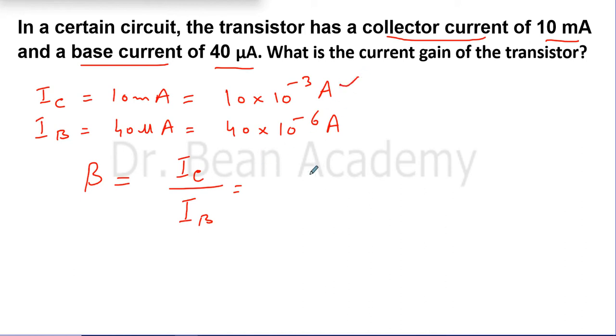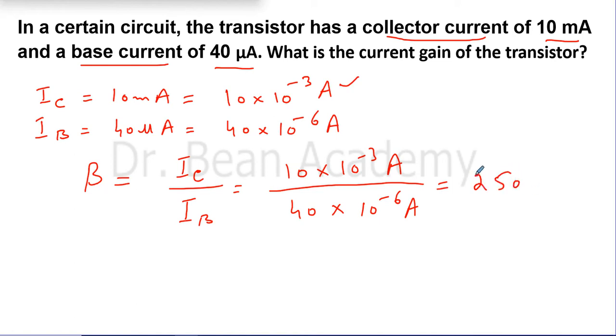Collector current is 10 into 10 power negative 3 ampere divided by base current 40 multiplied by 10 to the power negative 6 ampere, and my calculator tells me that this ratio is equal to 250.